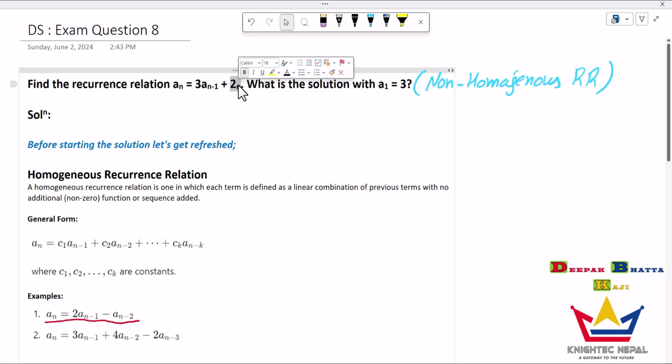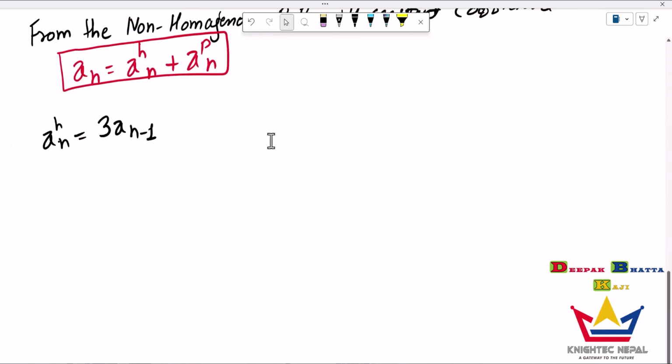The additional function is sometimes called the particular solution for the non-homogeneous recurrence relation, that is a_n^p, right? So we have another thing, that is a_n^p, where the function f(n) = 2n. So this is the additional function.